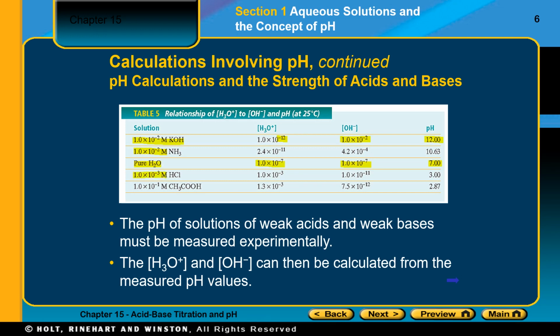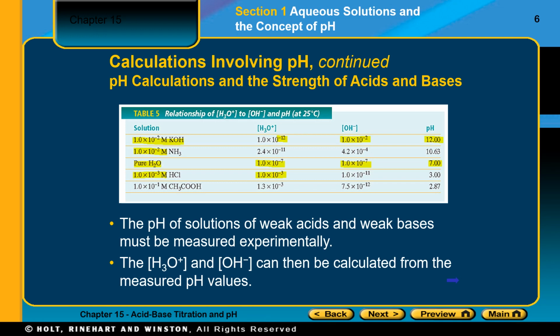Okay. Next example is 1.0 times 10 to the minus 3 molar. And when this ionizes in water, we form one hydronium ion and one chloride ion, and they're all in a 1-to-1 ratio. So this is going to be the concentration of the hydrochloric acid. Why is it not up here? Because we know that hydrochloric acid completely ionizes, and so for every one of these, I get one of these.